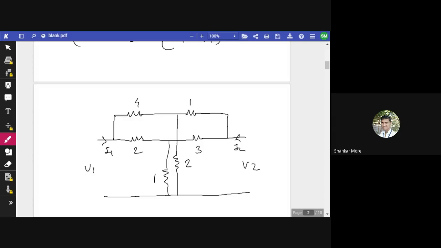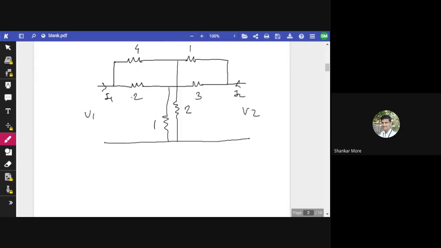If you wanted to calculate Y or Z parameters for the entire circuit without splitting it, that would be quite tedious and problematic. So it is better we split the circuit, calculate the parameters separately, and add them. Okay, let's proceed further.